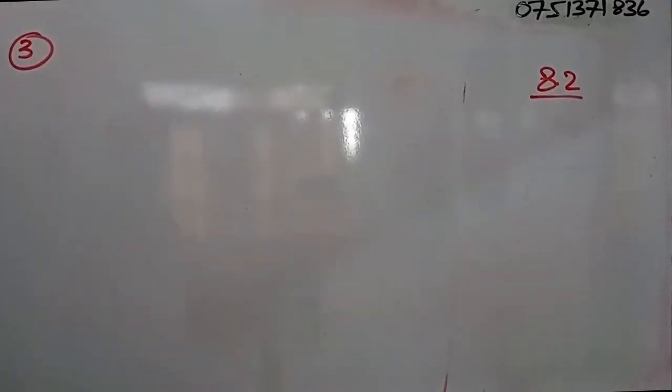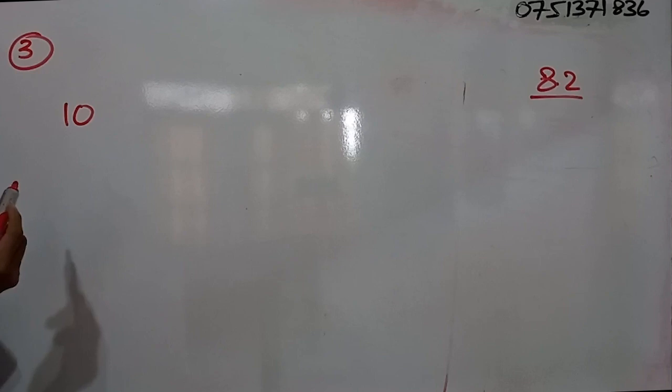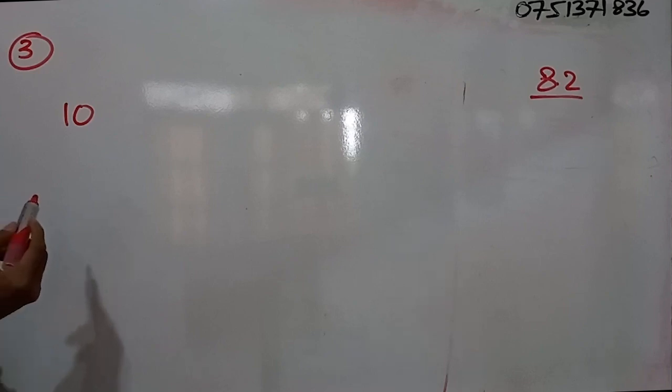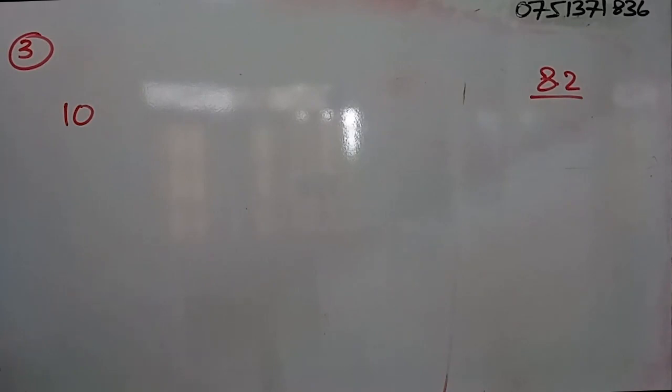So take for instance the number 10. So the digit on the ones place is what? 0, no? But is 10 a perfect square? No. Right? Then take for instance the number 21. Digit on the ones place is what? 1.